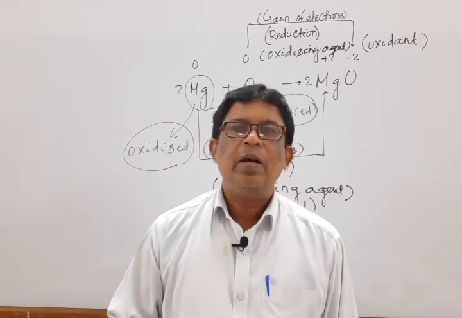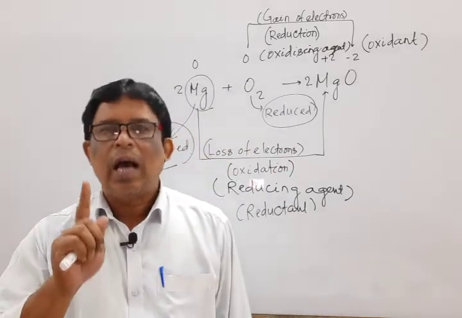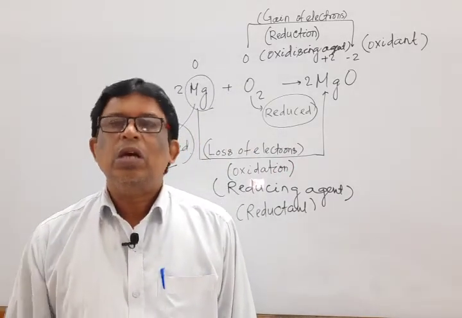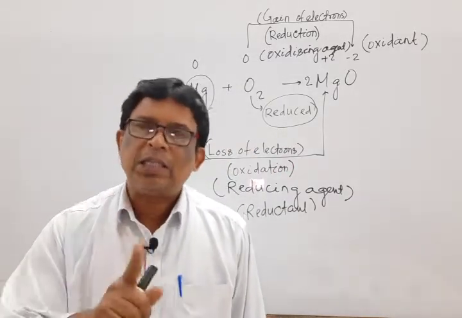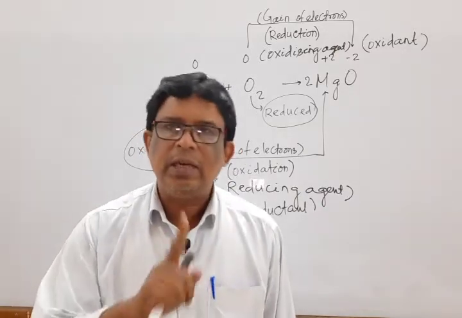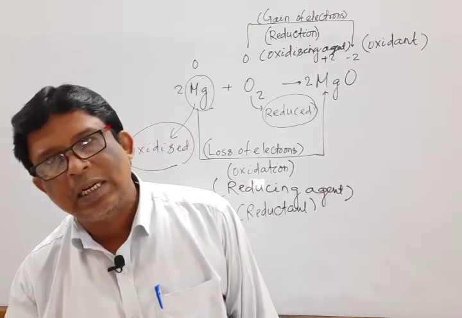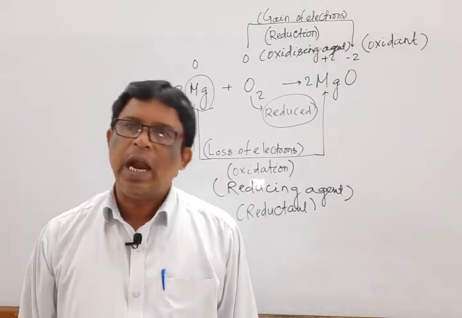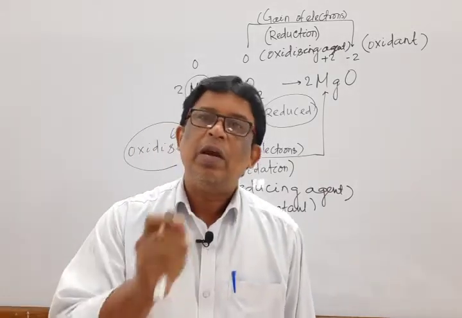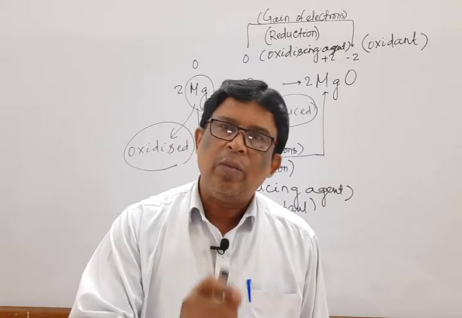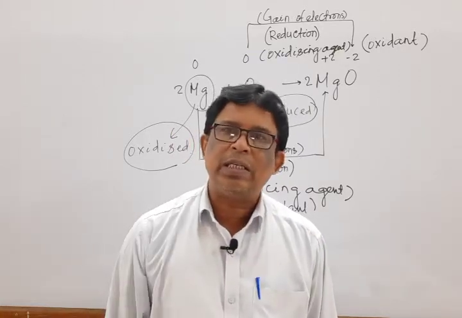I repeat again: finally, we have to balance hydrogen and oxygen. So in acid medium, first balance oxygen by adding the required number of water molecules to the deficient side of oxygen, and then balance hydrogen by adding the required number of H plus ions to the deficient side of hydrogen.